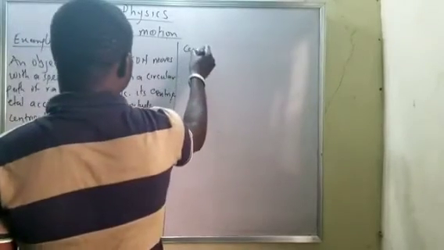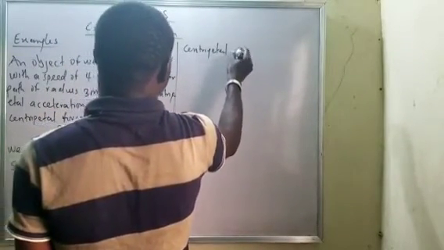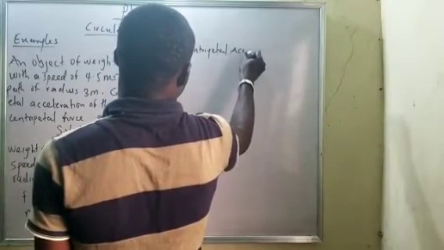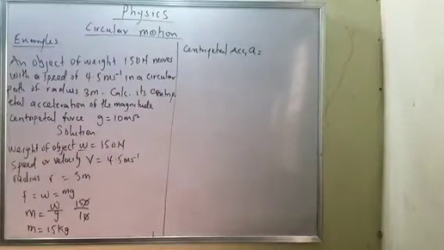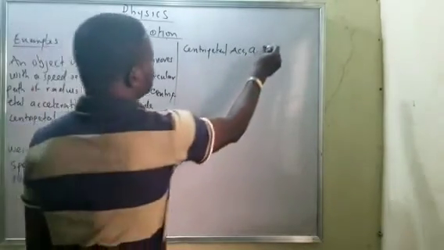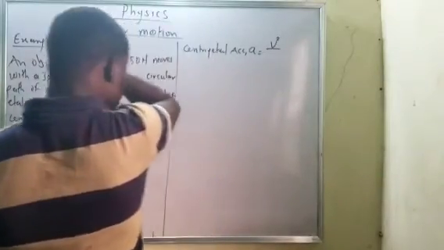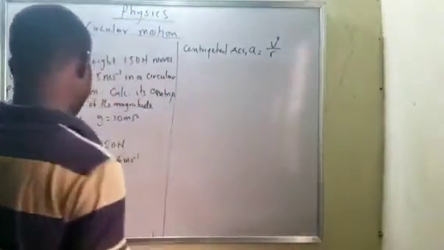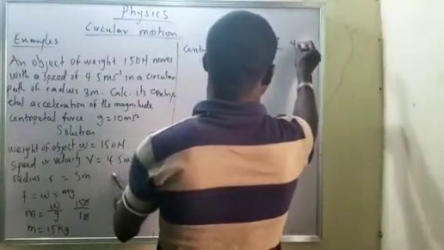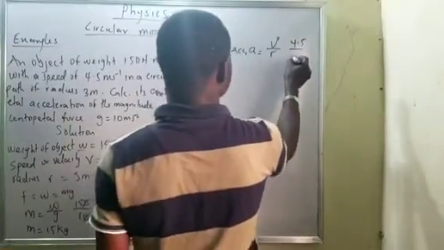Since I have my mass as 15 kilograms, I can now find the centripetal acceleration, A, which always equals V squared divided by R. We all know that V is already given, which is 4.5, divided by R, which is 3.